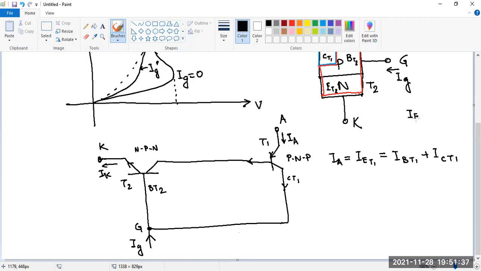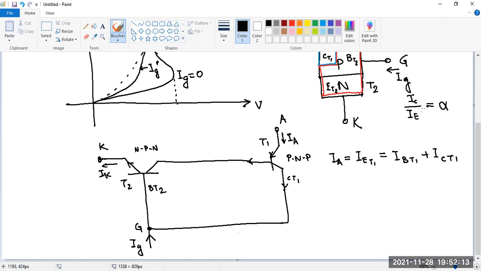IC by IE, what is this ratio called? Quickly. What is this ratio called? You don't know? Alpha. So that is the transistor alpha gain.